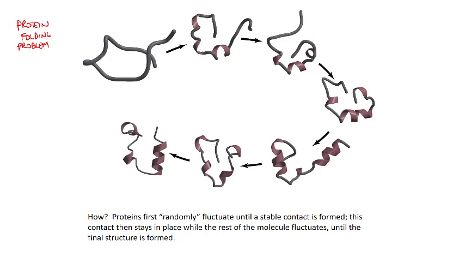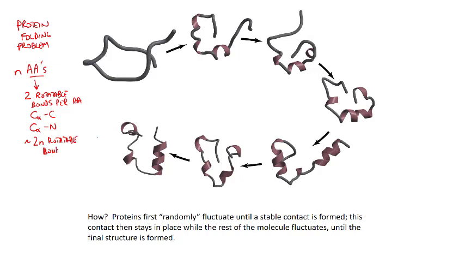Because remember, after all, if your protein has N amino acids, we said last time that for each amino acid, we have 2 rotatable bonds per amino acid, right? We have the C alpha to C and the C alpha to N bonds. So we have roughly 2N rotatable bonds.